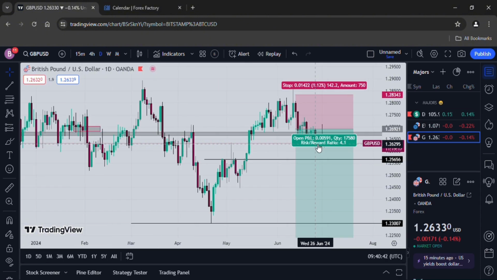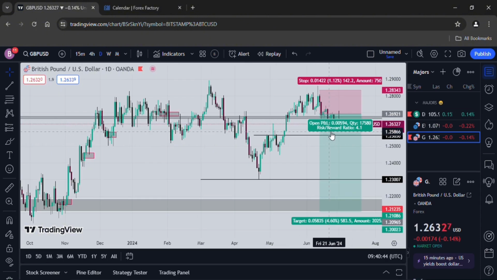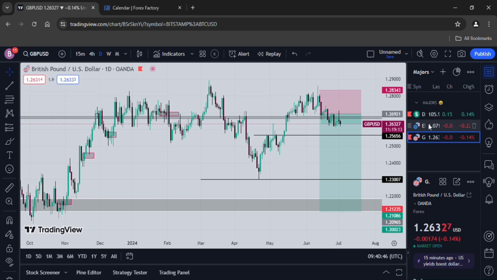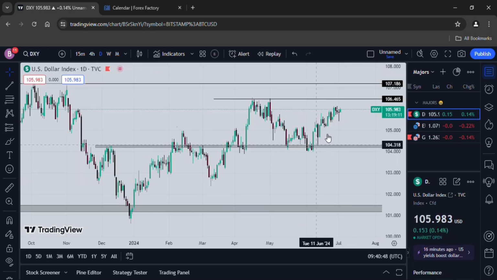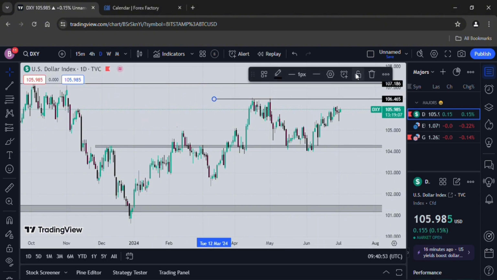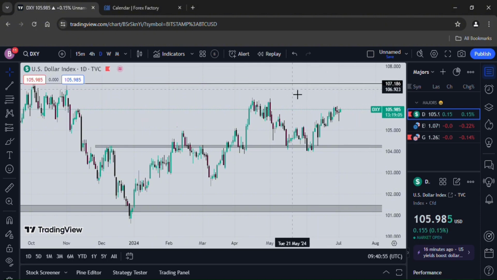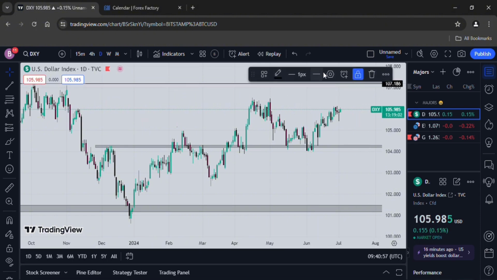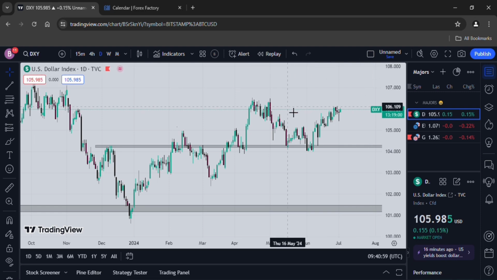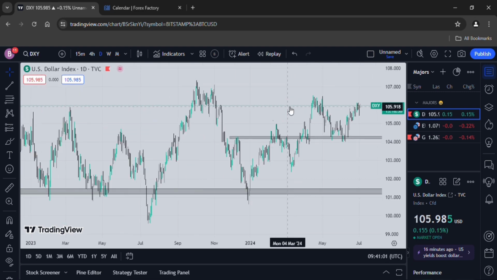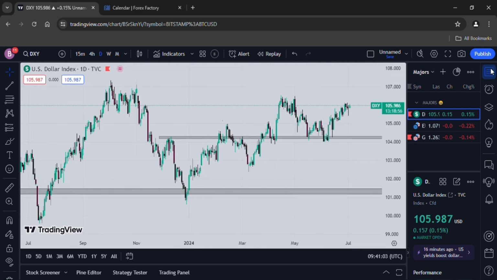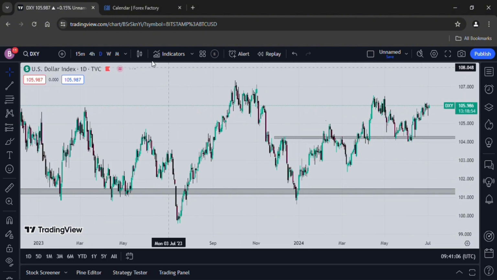For example, this sell here on Gbpusd was as a result of this DSY strengths. So don't worry, we'll get to it. I'll show you how I was able to know that DSY is about to gain strength and how I also found the corresponding trade on Gbpusd. So for now, let's start with DSY.